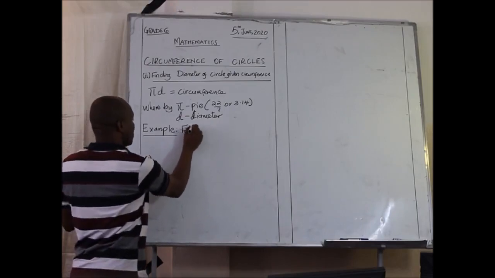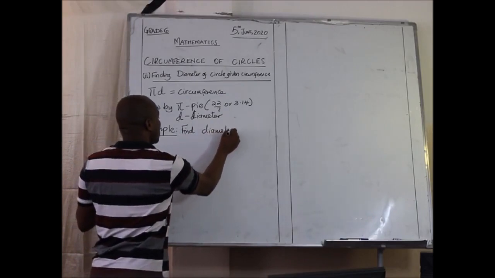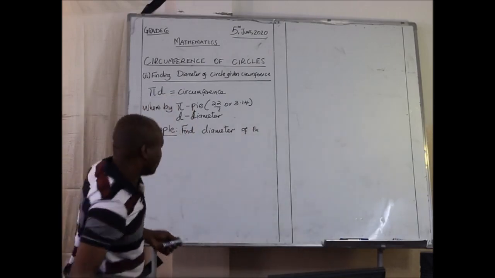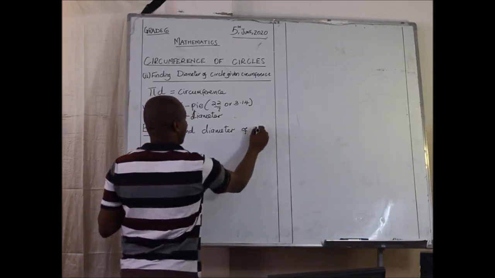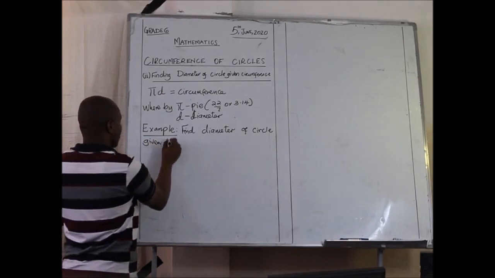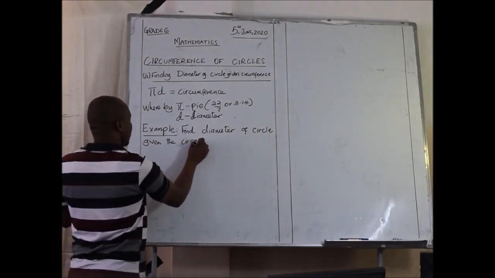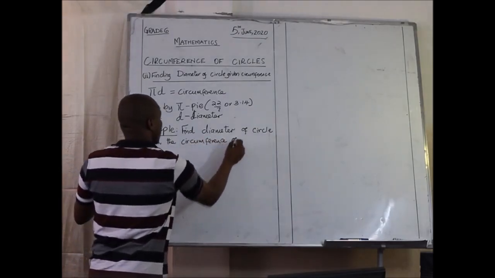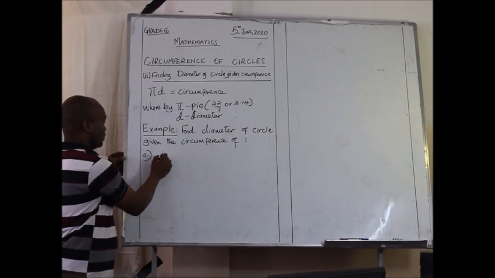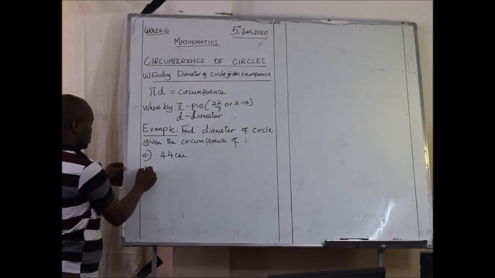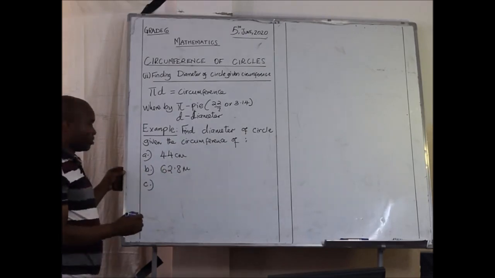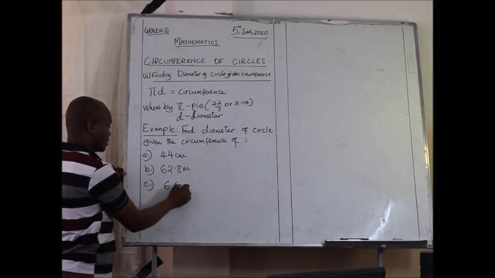Find the diameter of the circles given that the circumference of 1, is 44 centimeters, 2, is 62.8 meters, and 3, the third example, can be 6.6 decimeters.